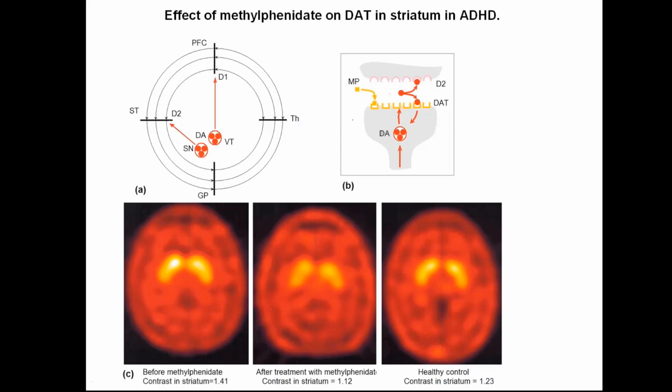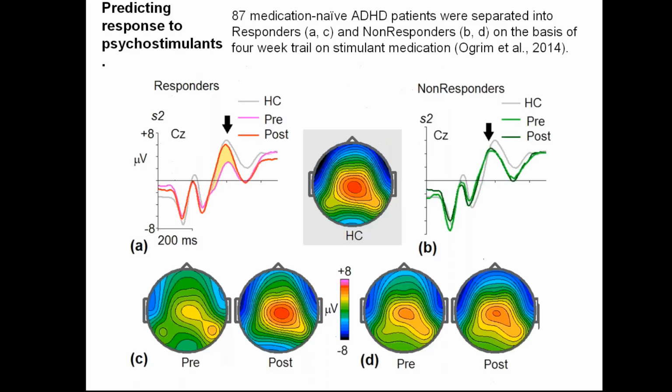And you also know better than me that 70% of patients respond to Ritalin and 30% don't respond to Ritalin. So there are responders and non-responders, and usually it requires 4 weeks of trial to come to the conclusion.